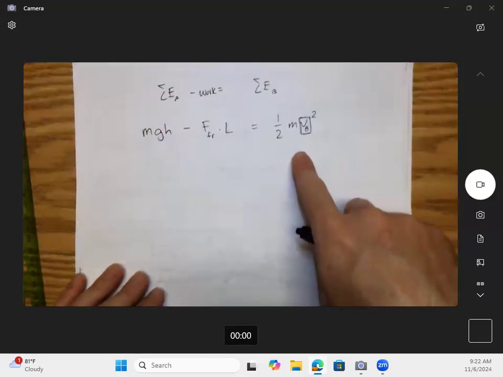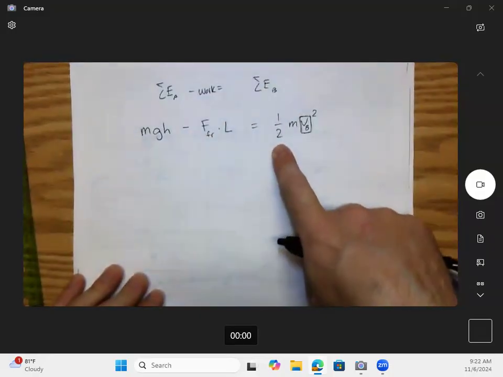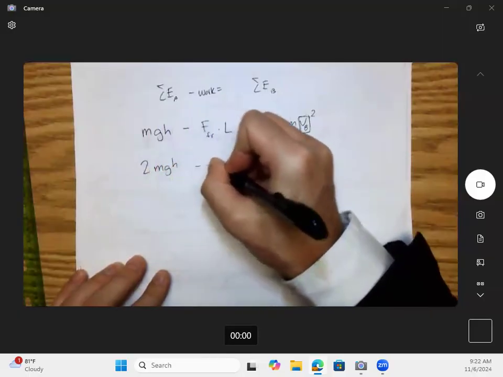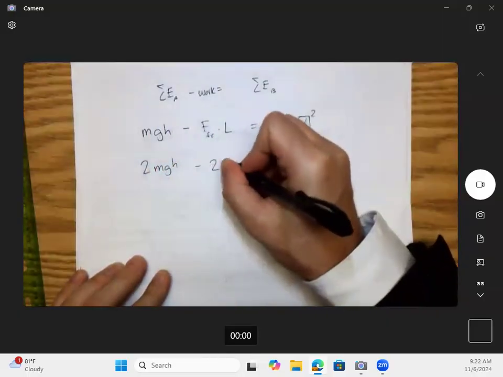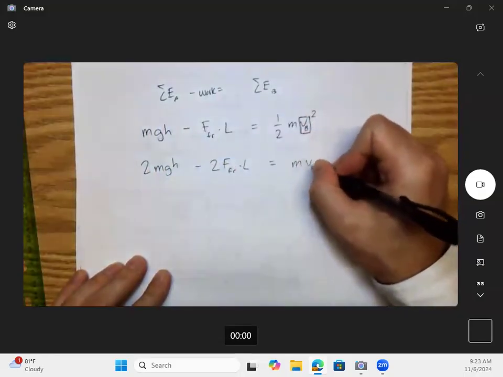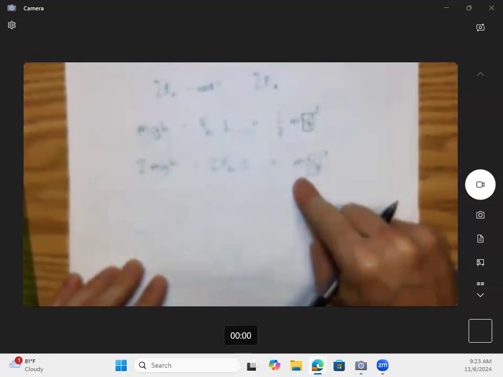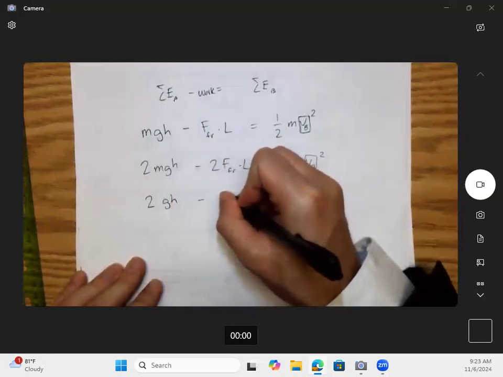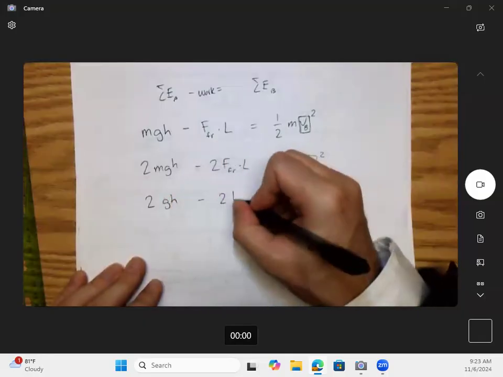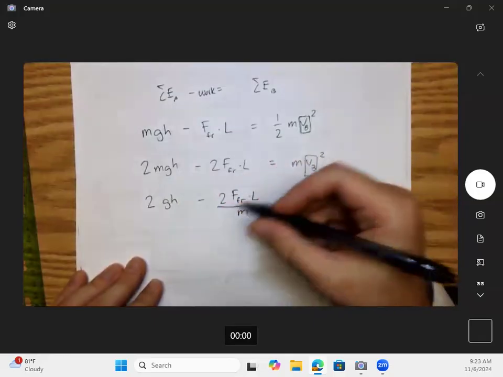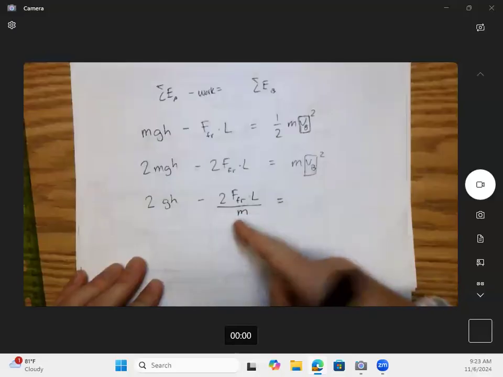Right, so I need to maybe multiply everything by 2, that might be nice. Let's do 2 MGH minus 2 friction force times L equals MVB squared. Maybe divide everything by this M. So it'll be 2GH minus 2 friction force times L, all divided by M, because you've got to divide M on each term.